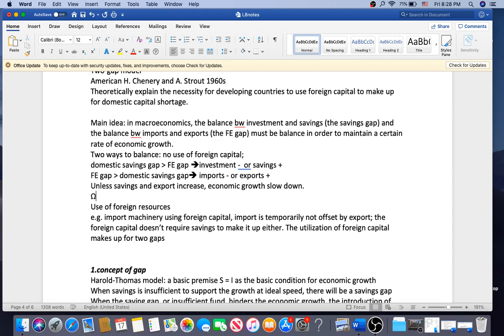And the definition of the gaps means there are some constraints on the economic growth, such as the size of the saving, the foreign exchange reserves, technology capacities and foreign resources.